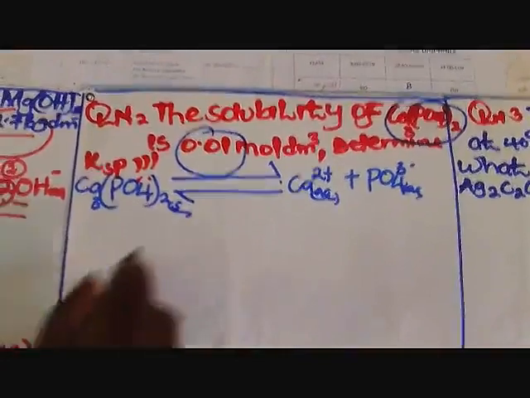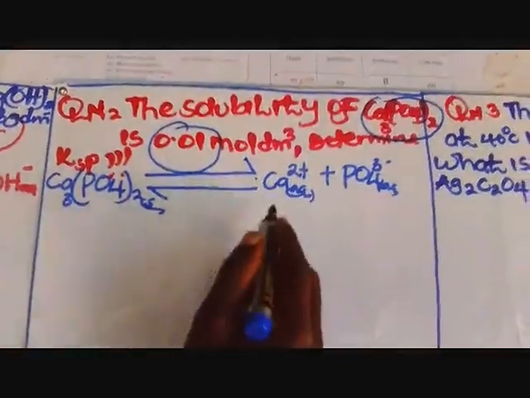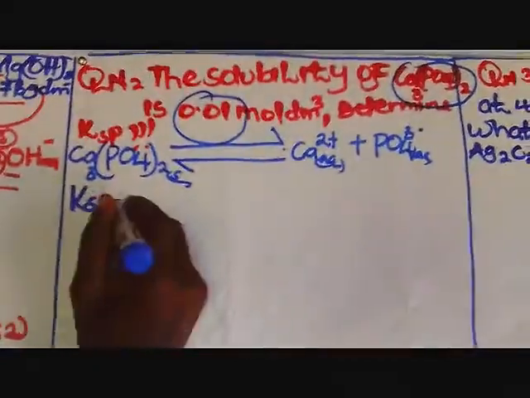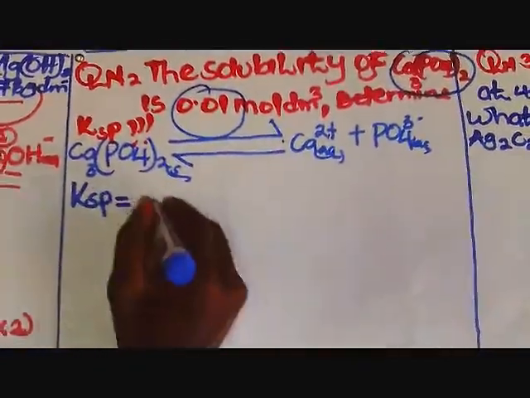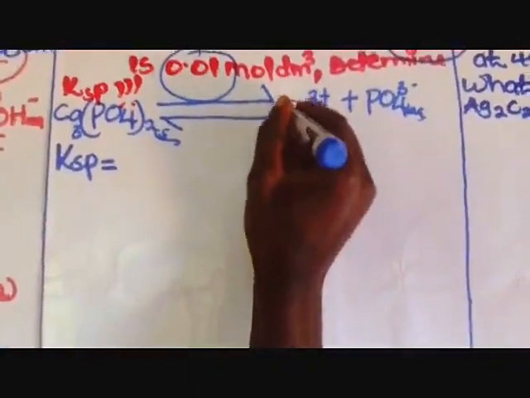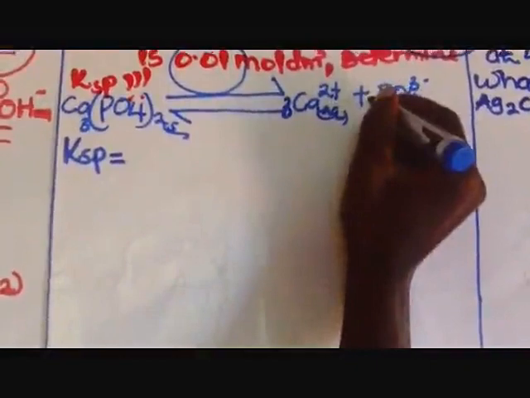So now members, after writing our equation as you have written it there, then we write the Ksp expression. Remember our equation here is not balanced, so we have to put a 3 there, then we have to put a 2 there.